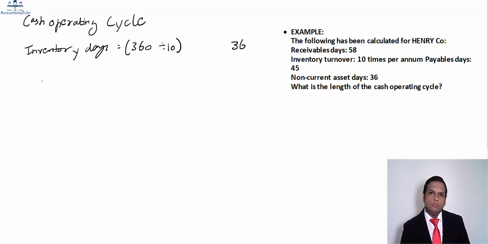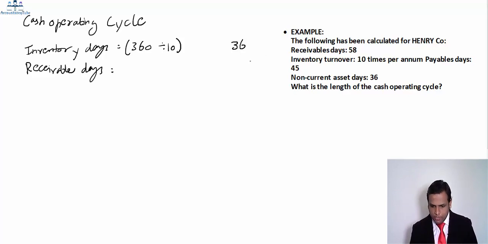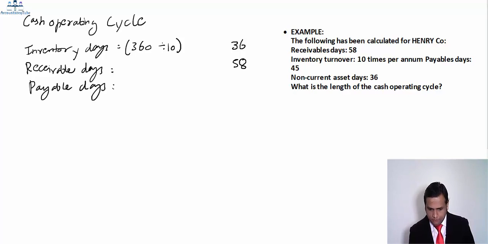Working capital is more about using your common sense. Then we have got receivable days. As per the performer, luckily we already have the receivable days in the example, and that is 58. Then we have to include payable days. Now, as I've just told you, payables will always be negative.